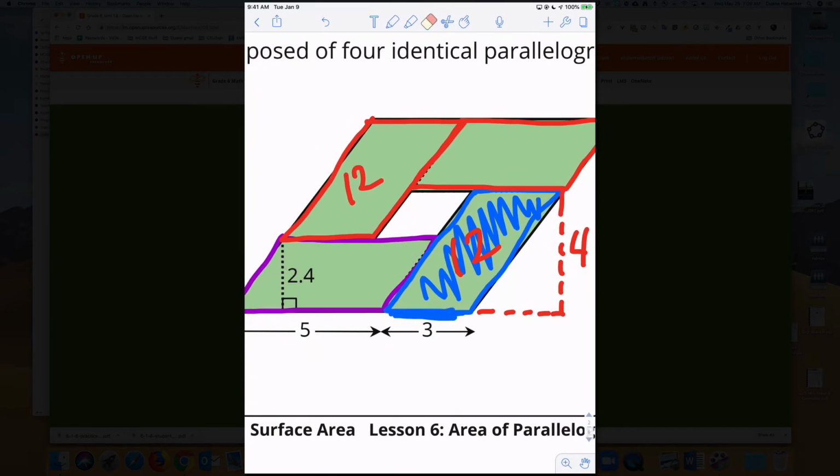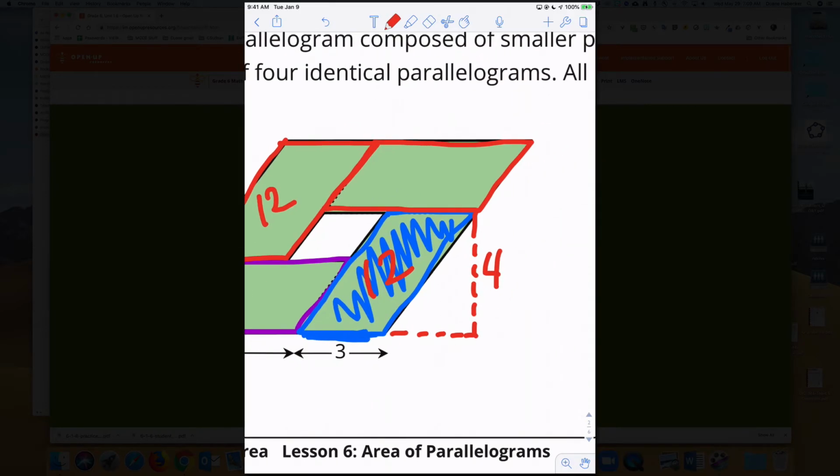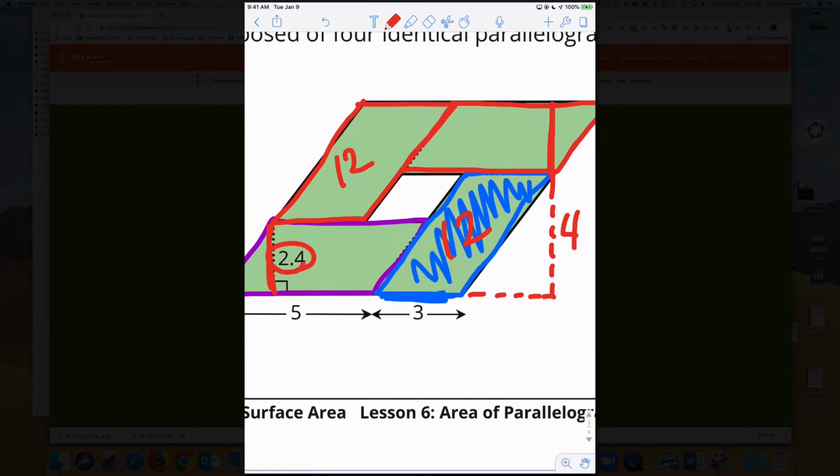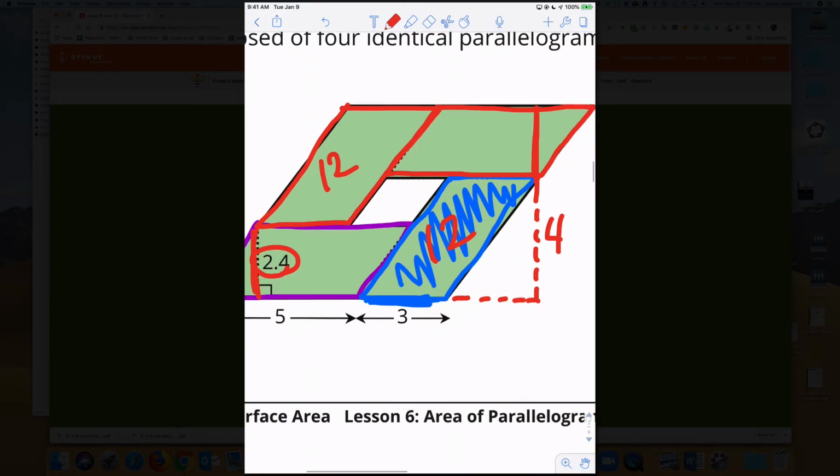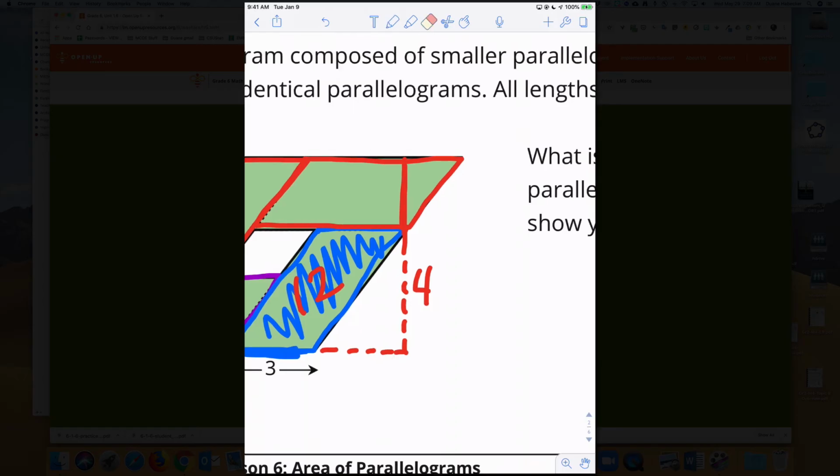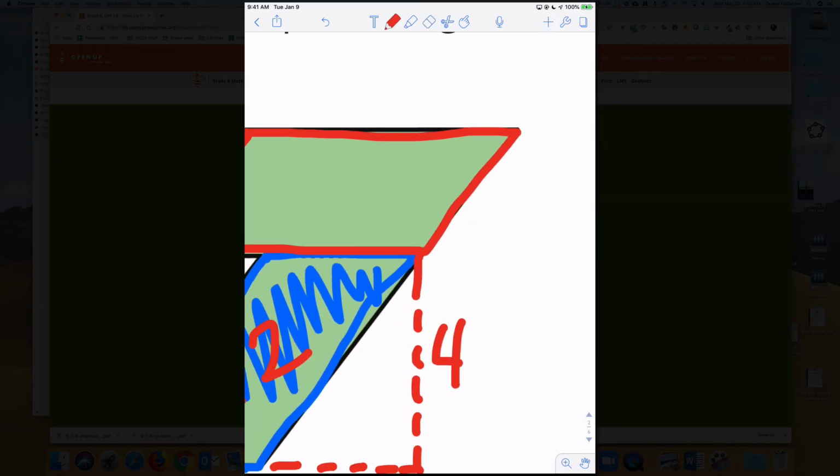Why do we know that the height is 2.4? Because it was 2.4 over here. And since the height over here is 2.4, and this is essentially the same parallelogram just translated up, we know that that missing length right there must be 2.4.